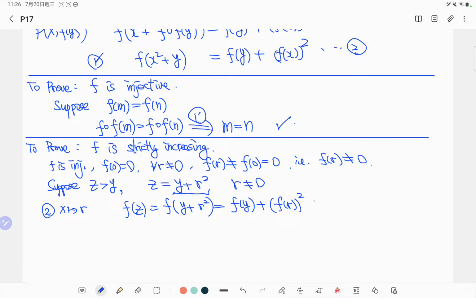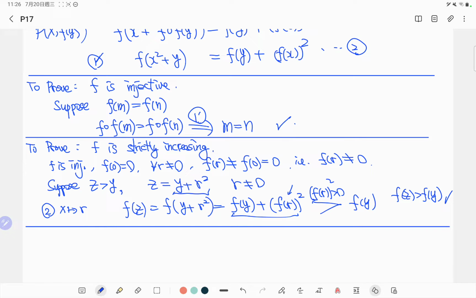And then this one, as much as f of r is not equal to 0, so f of r quantity squared should be a positive number, which means that f of r quantity squared should be larger than 0, which means that this side should be larger than f of y. So we have f of z is strictly larger than f of y. So we prove this property also.